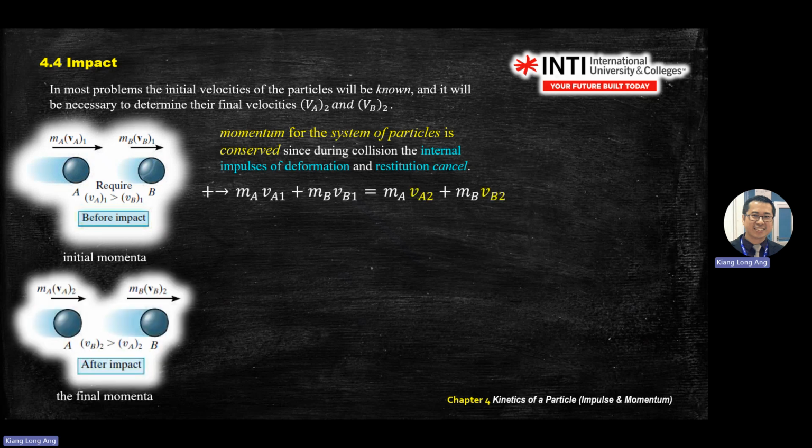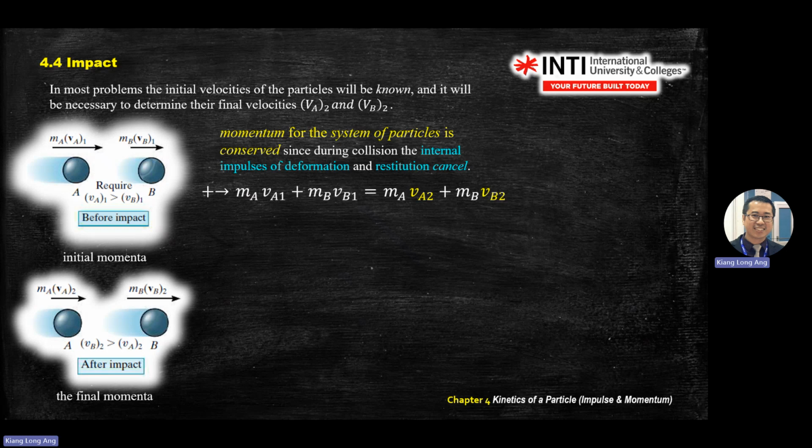If you look at two bodies, we simplify the principle of linear impulse and momentum into conservation by canceling out the internal impulse happening between the two bodies. So you can use conservation of momentum to analyze before and after.